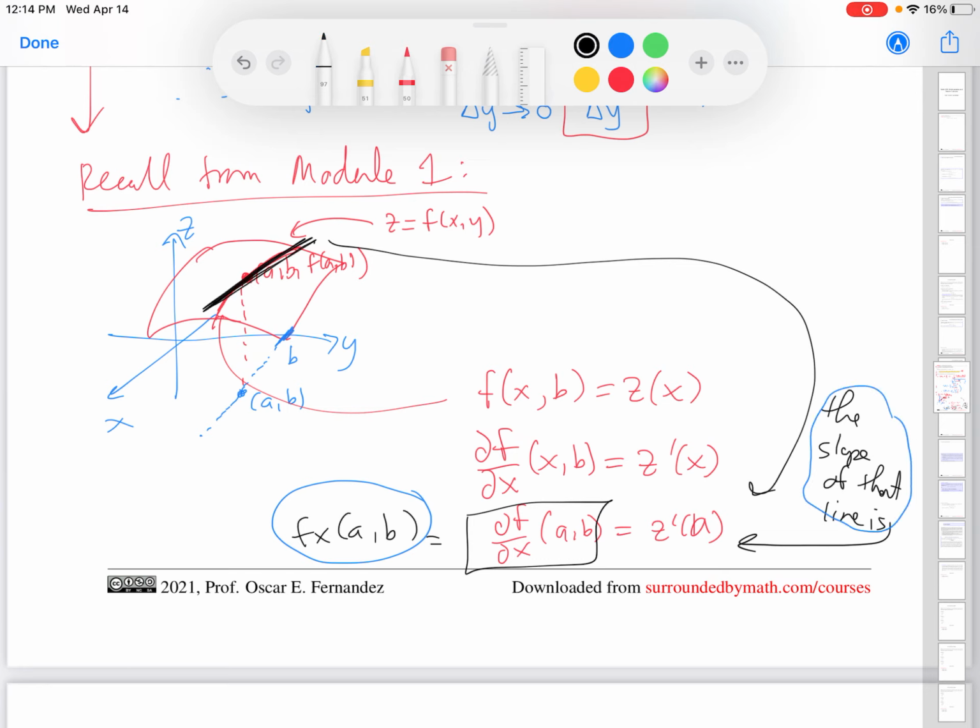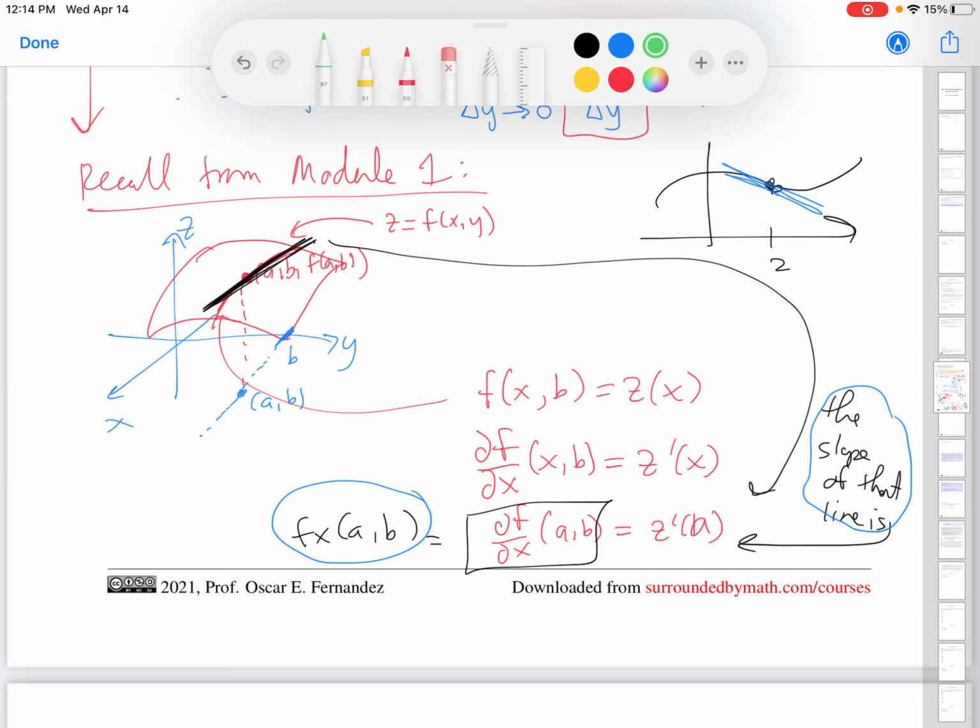This is that black tangent line. The only thing that changes is that we have to be a bit more precise about which tangent line we're talking about. In the single variable context, you drew a function, you picked an x value, and if the function was differentiable, there was just one tangent line. And that's it. There were no other tangent lines to speak of.